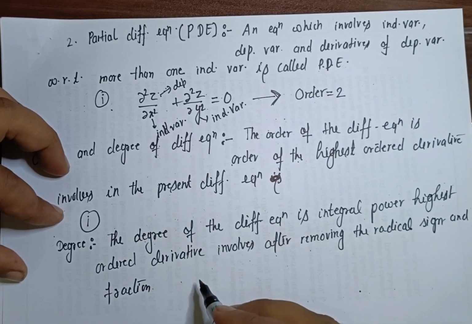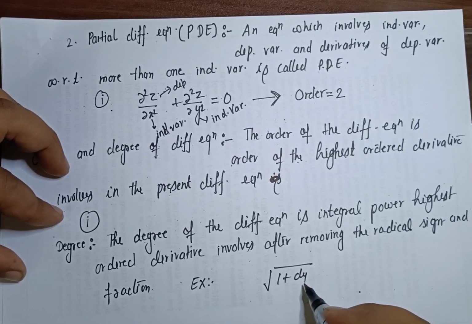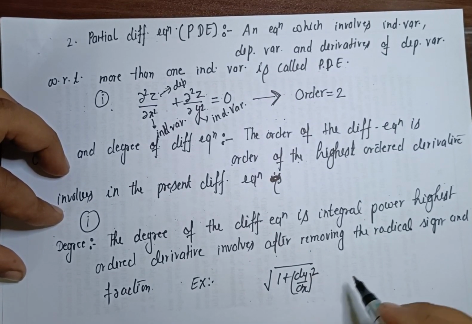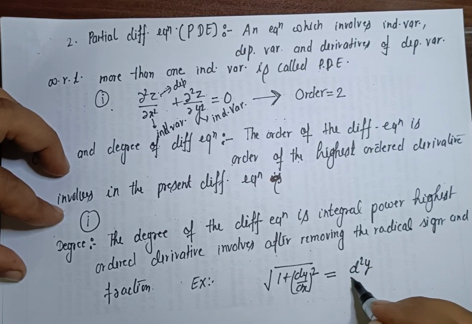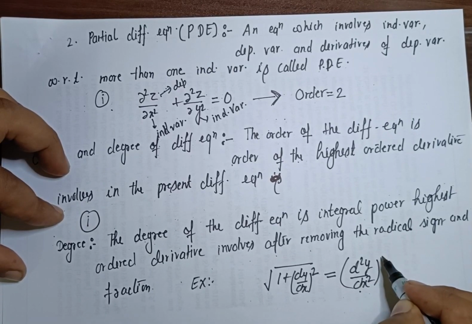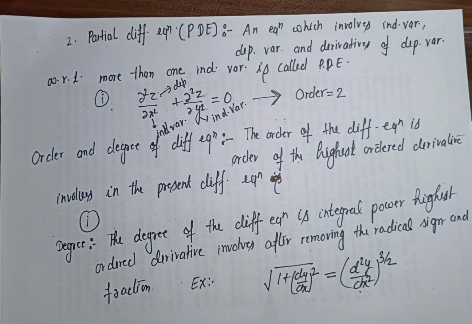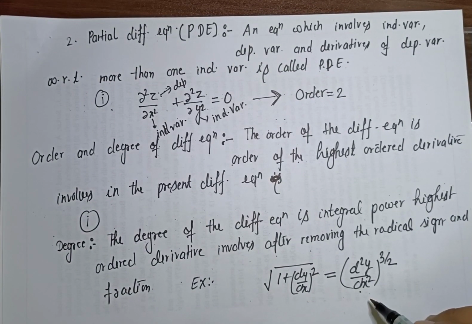For example, square root of 1 plus dy upon dx squared equals d square y upon dx square to the whole power 3 by 2. Here the highest derivative involved is d square y upon dx square.